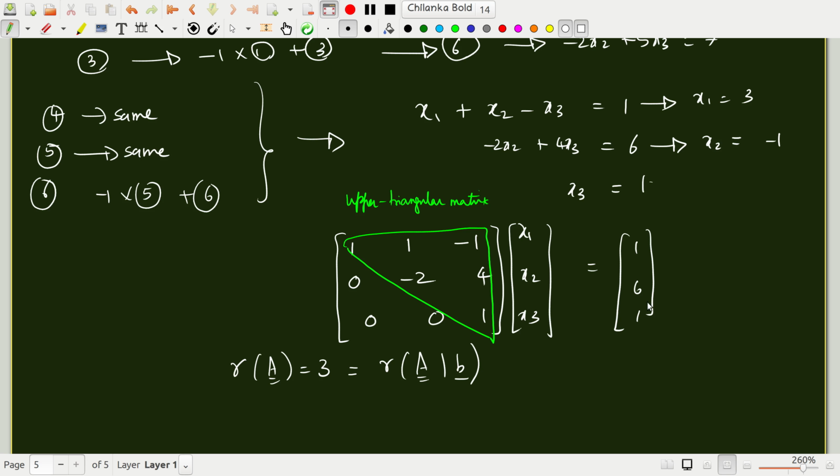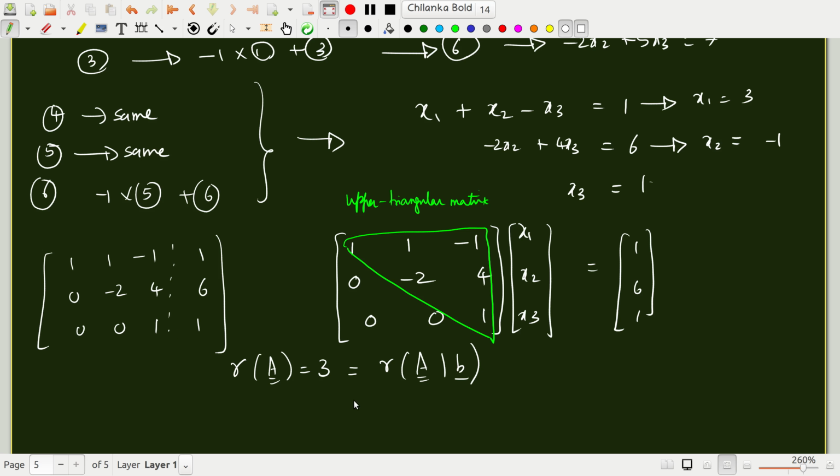Therefore, consider the rank of the augmented matrix: 1, 1, minus 1, 1, 0, minus 2, 4, 6, 0, 0, 1, 1. What is the largest square matrix which has non-zero determinant?